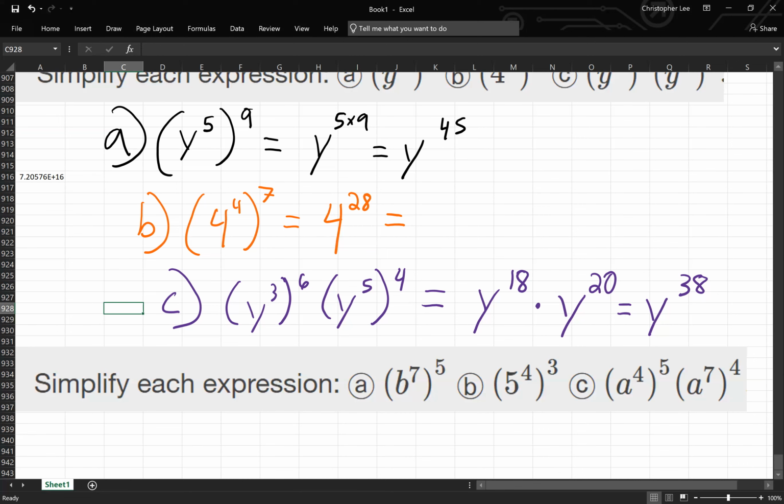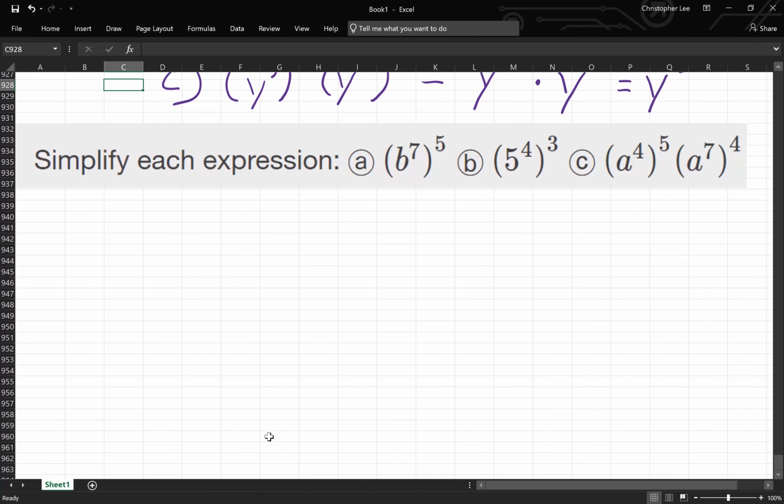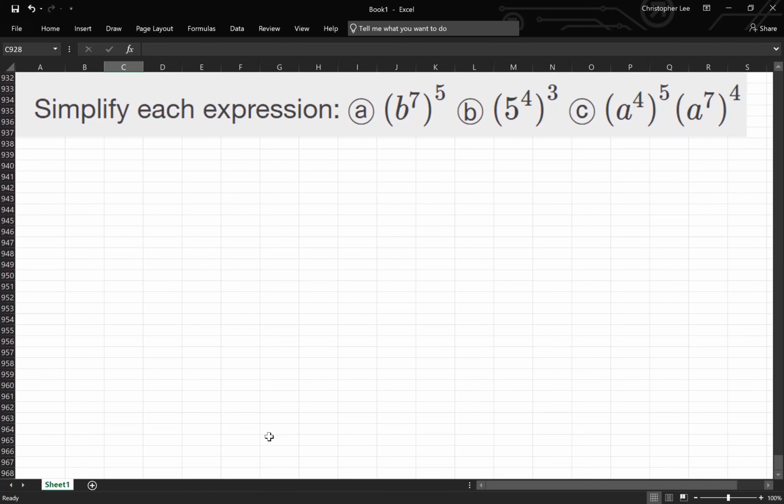All right, let's go over this. So I got b to the 7th power raised to the 5th power. What's that? b to the 35th, good. How about B?